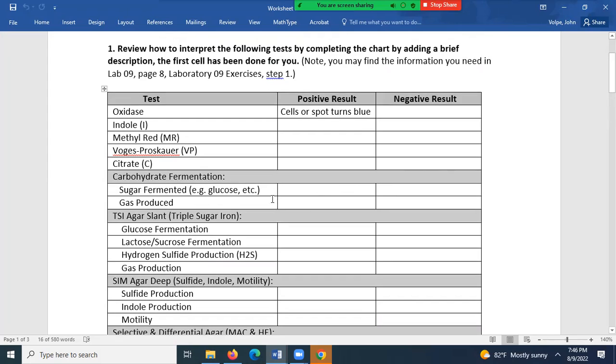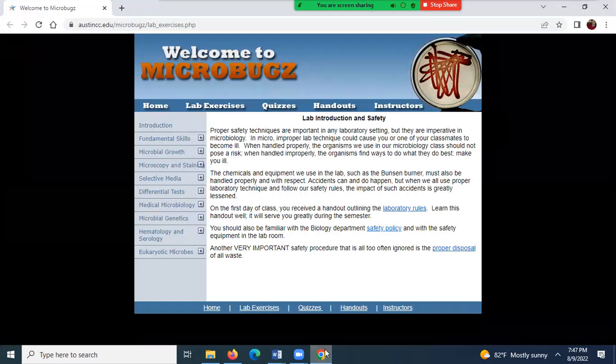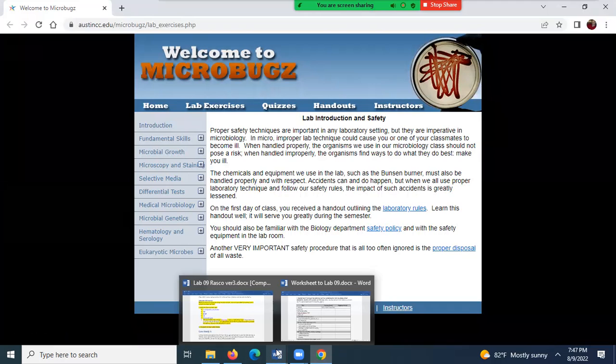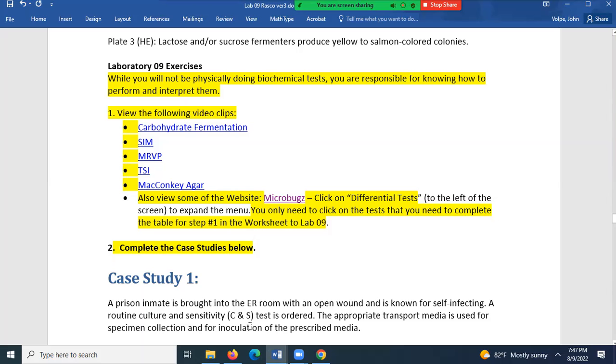For Microbuzz, you need to go through these tests to fill in this worksheet. And you can get the information either from the lab manual or from the Microbuzz website. On the left here, I think I state which button to select.